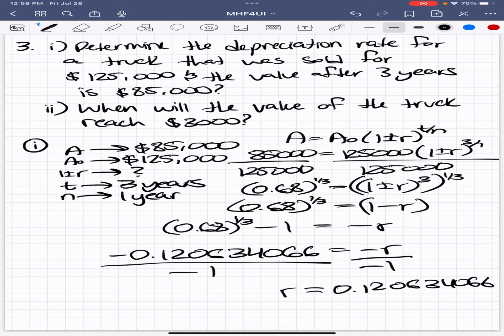So R is 0.120634066. In our therefore statement, we'll go to the 4th decimal place, and then in our percentage, we're going to go to the 2nd decimal place.